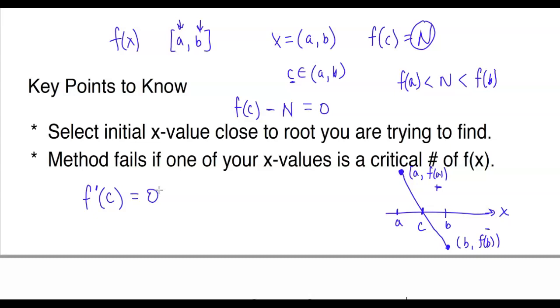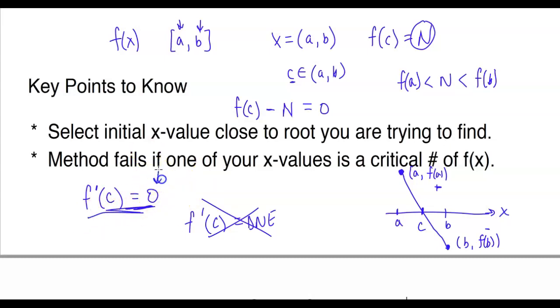Of course, in the f prime of c does not exist case, it won't work, but we probably wouldn't look for that in this type of situation. So we strictly keep up what's going on here.